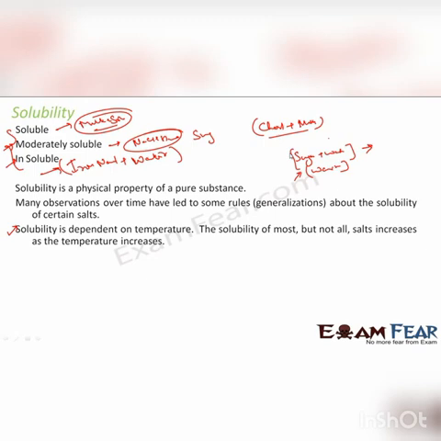Same thing with Horlicks or Complan: if you mix in cold water, it is not that easy to mix, but if the water is warm, it's easy to mix. So solubility depends on temperature in the general case. It increases with the temperature. When you talk about solubility, you don't talk only about the substance, but you also talk about the temperature.